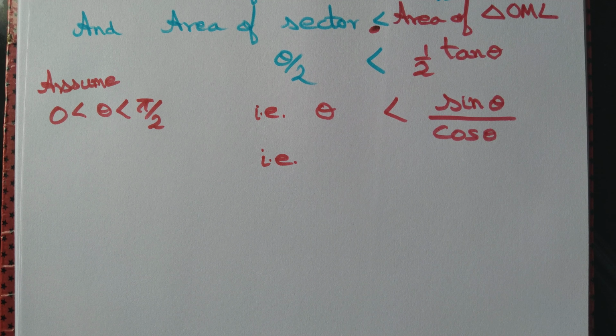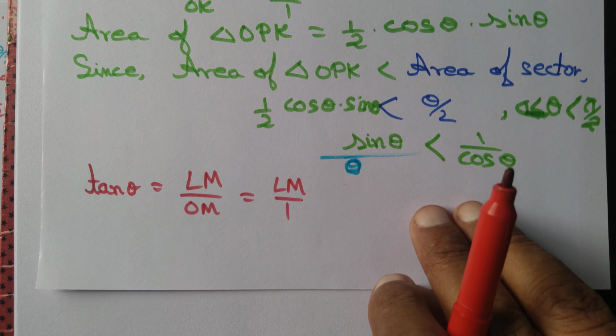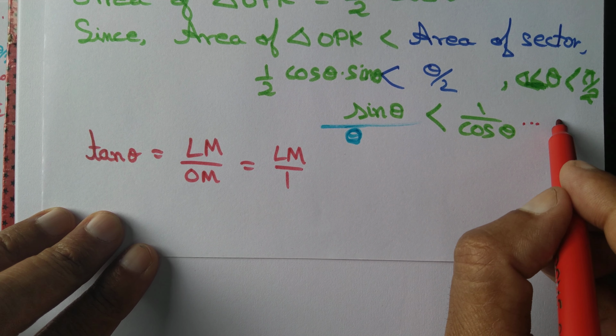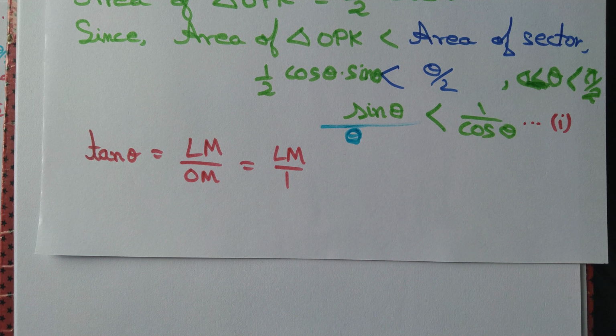So we multiply by cos theta and then we divide by theta. And we say that sin theta by theta is greater than cos theta. Let's call this inequality 2. And earlier we have shown that sin theta by theta is less than 1 by cos theta. Let's call this inequality 1.